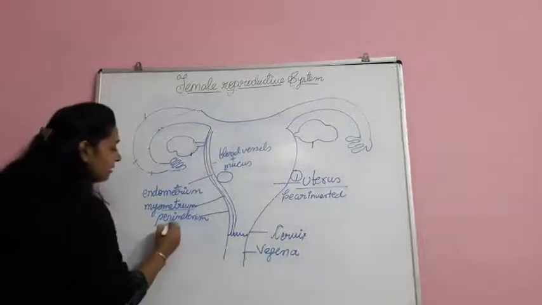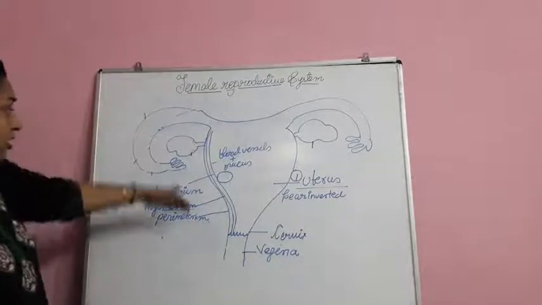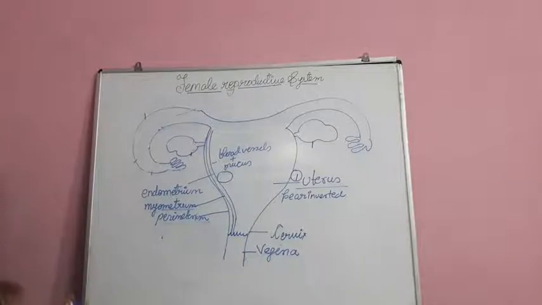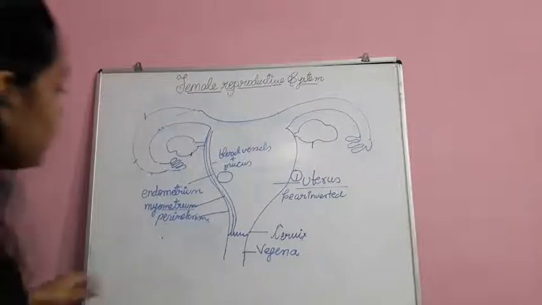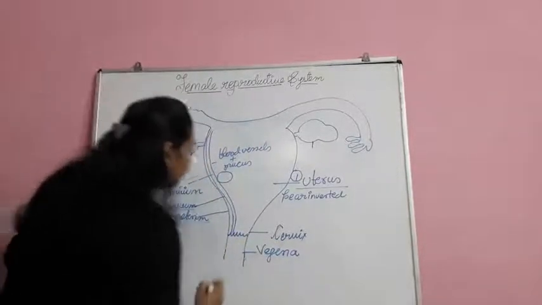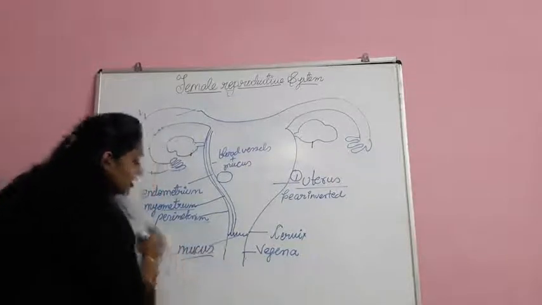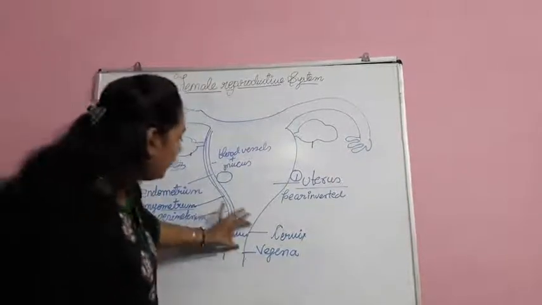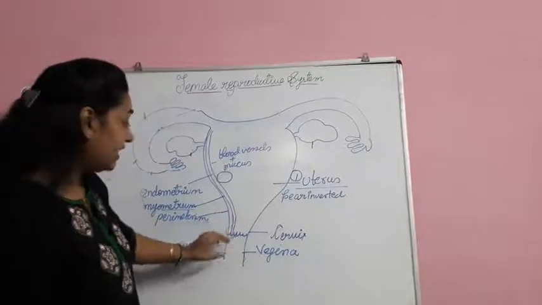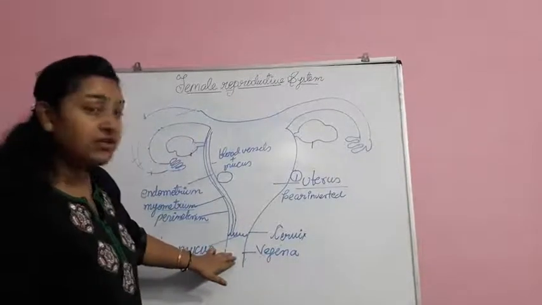And the last one is the perimetrium, which doesn't play much of a role in this particular part, but still it is the outermost layer of the uterus. Now next to this is the cervix, which is made up of mucus. This mucus is here to plug the area of the cervix so that it stays closed and the baby doesn't deliver.